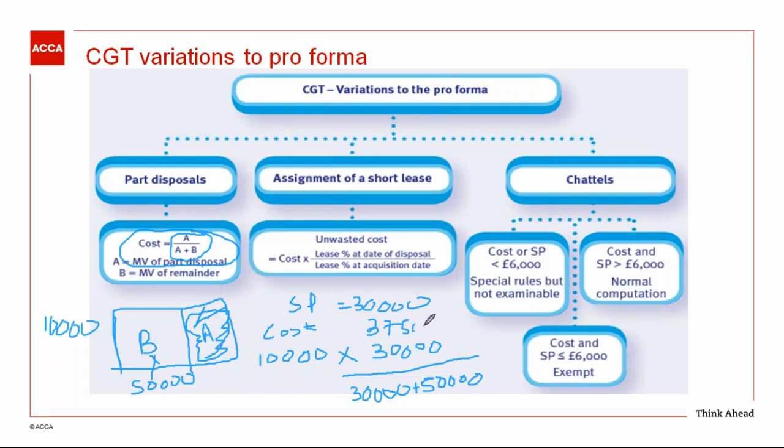So from 30,000, then you should deduct 3,750 to get the chargeable gain arising from the disposal of part A. So out of this 10,000, 3,750 is the cost attributable to part A, and the balance cost, that is 6,250, is attributable to part B. So this is how you do the computation when there is a part disposal.